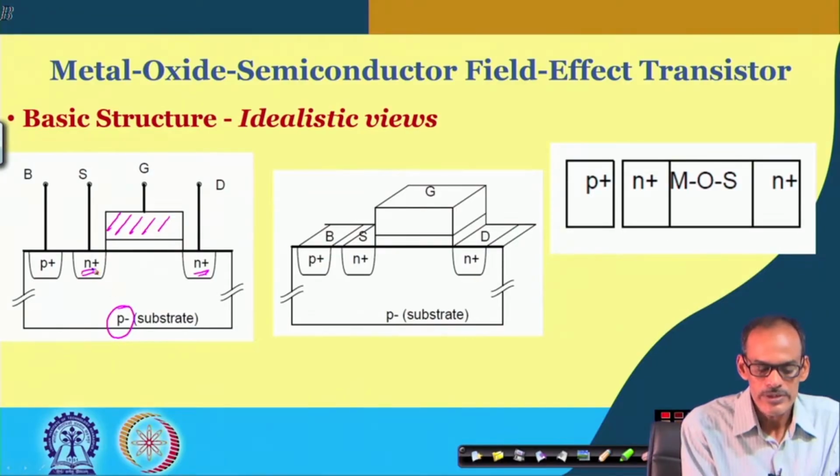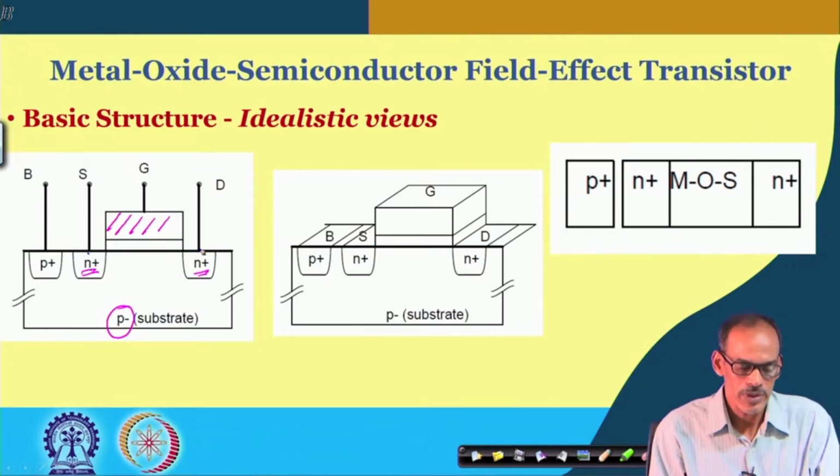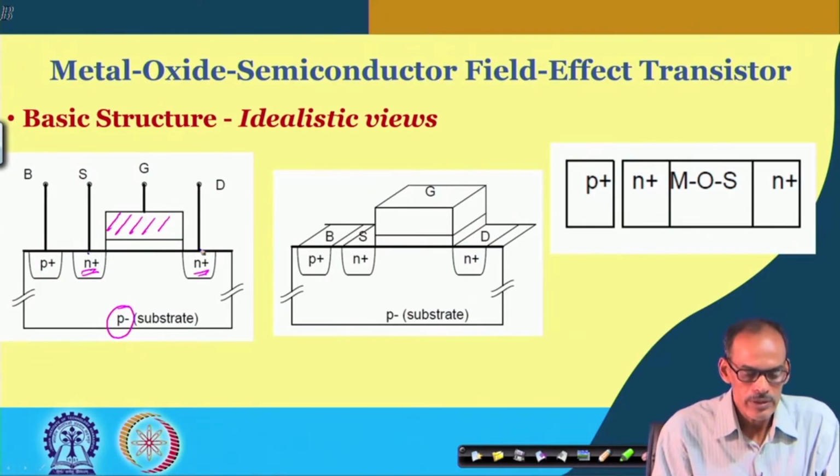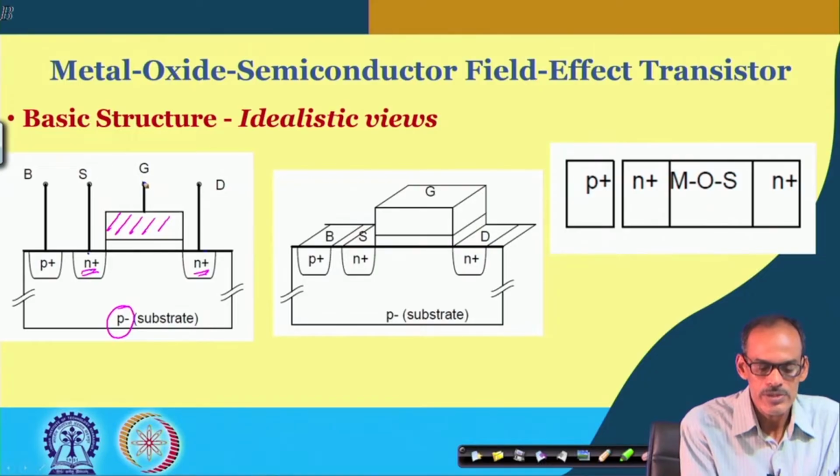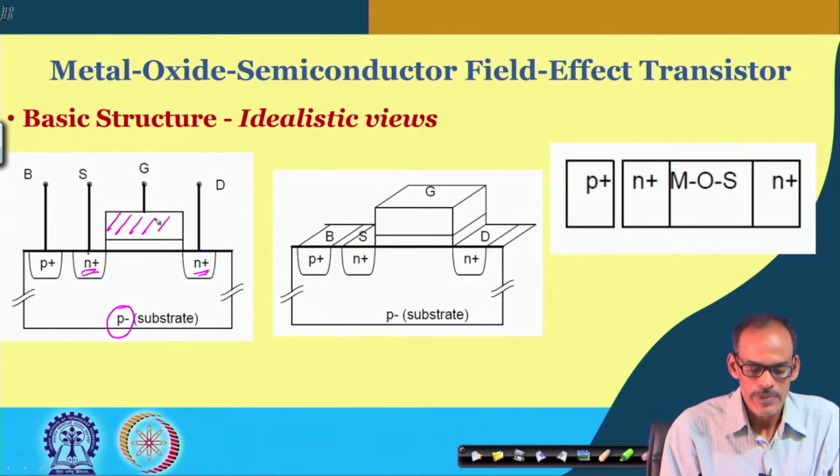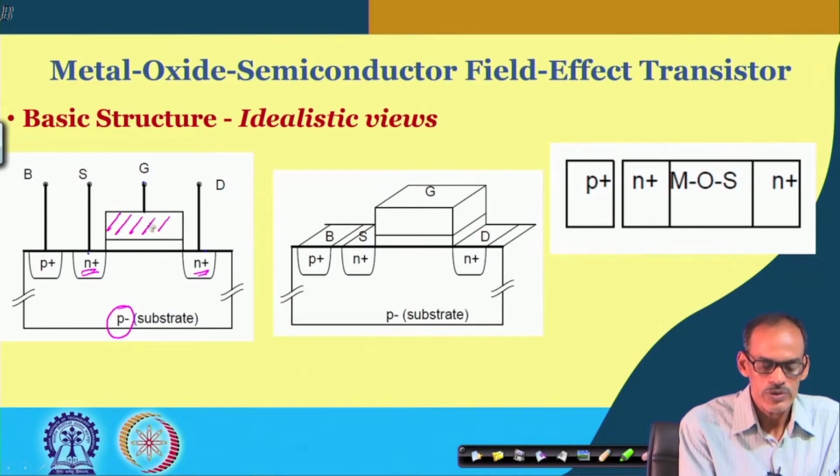And if you see here, this is N plus and then p weakly doped, and then we have N type. So, you can say from this island to this island, it is complete isolation, and then by applying a voltage at this metal region, positive voltage with respect to the substrate, we can change the property of this portion, which is referred to as the channel.